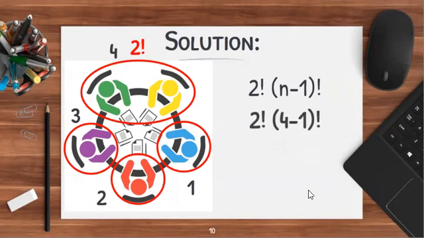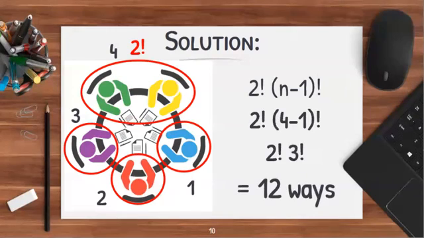By substitution, we'll have 2 factorial, and then yung n natin is 4, since 4 na lang po yung position na yun, and may iba na po tayong binigay na number po para sa dalawang magkatabing ito. And then, solve po natin yung factorial notation, it will be 2 factorial times 3 factorial, and it will give us an answer of 12 ways po.